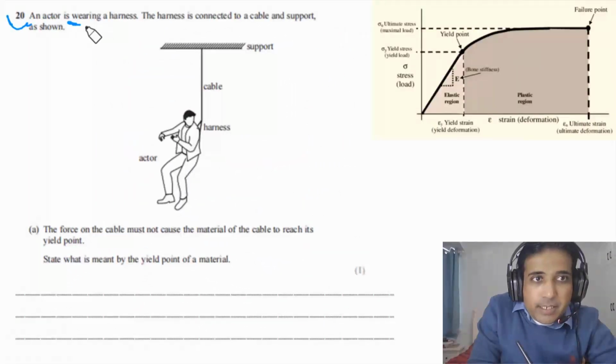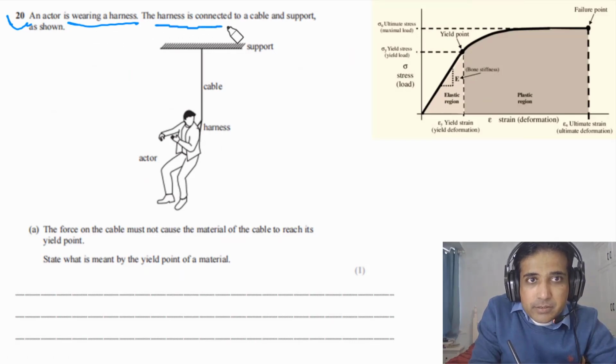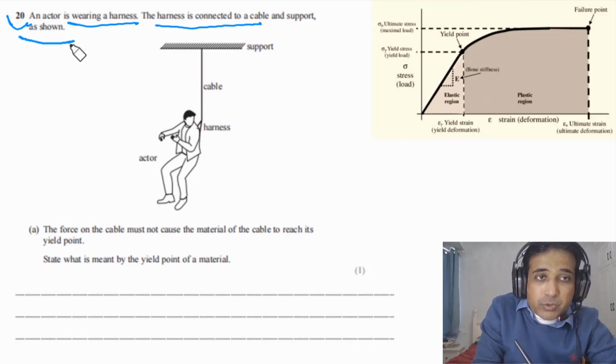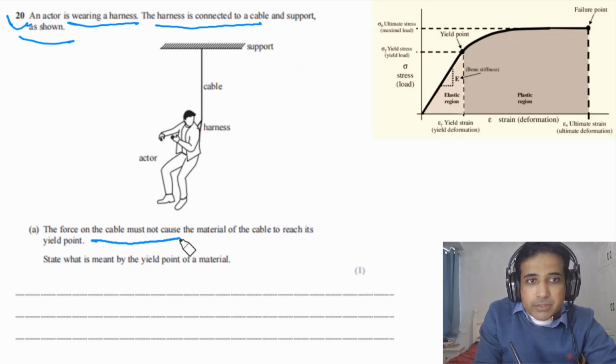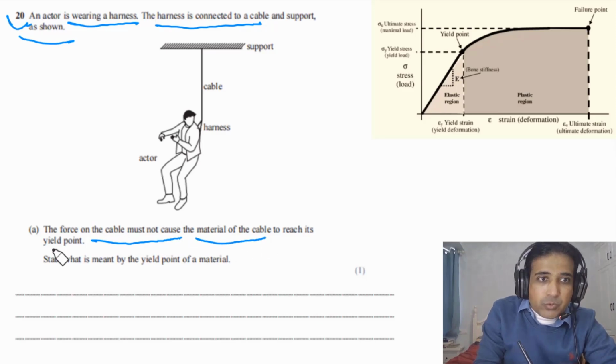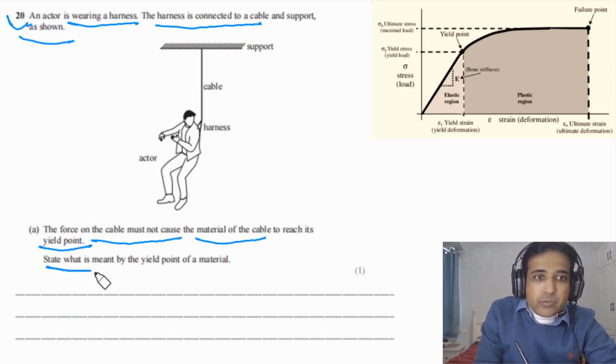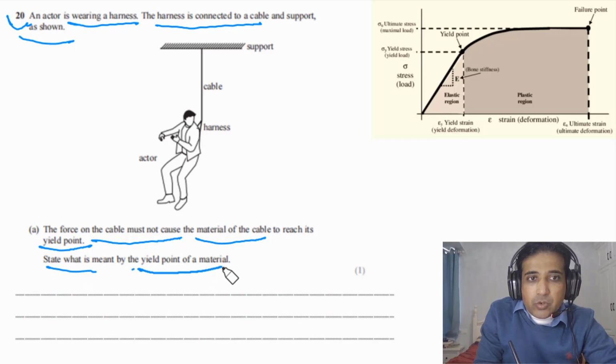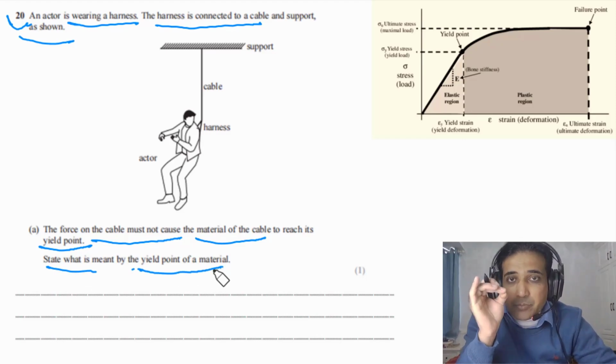Question 20 says an actor is wearing a harness. The harness is connected to a cable and support as shown in the figure. The force on the cable must not cause the material of the cable to reach its yield point. State what is meant by the yield point of a material. Yield point is a point at which there is a large increase in strain with a small increase in stress.